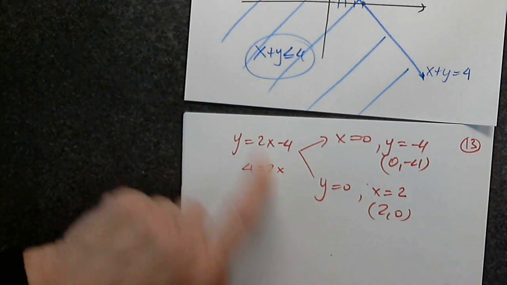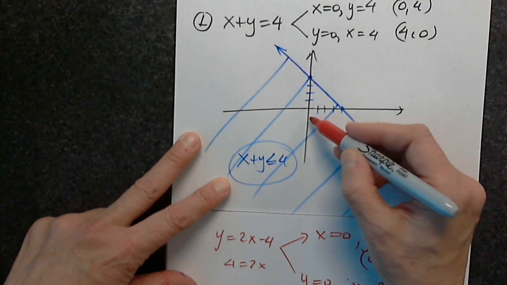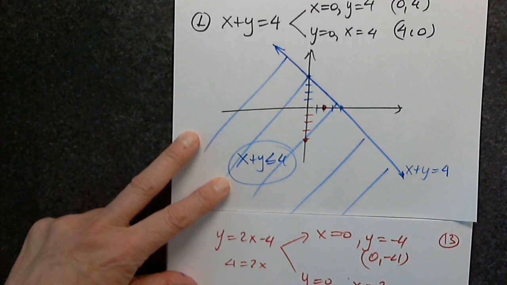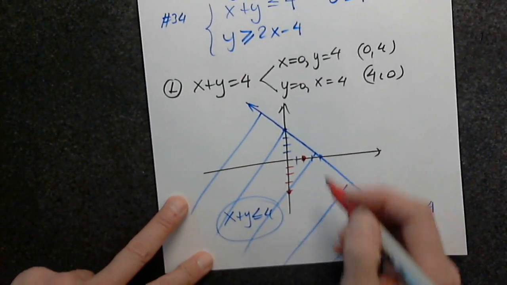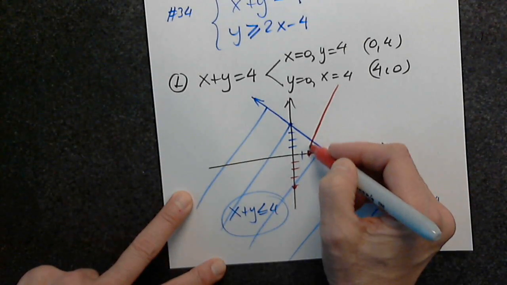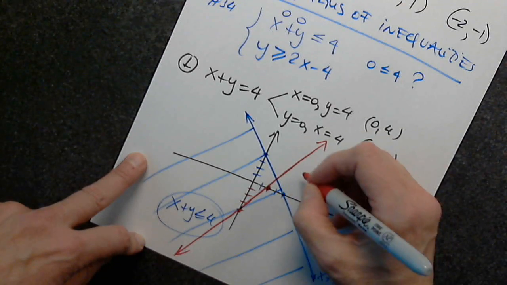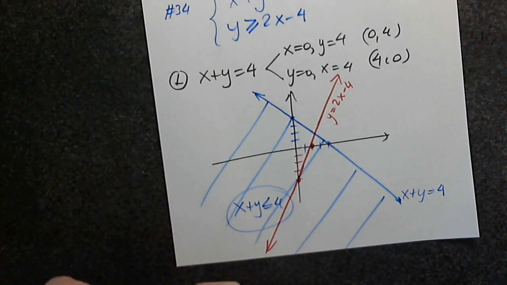So 2, 0. I go back, 0, negative 4, and 2, 0. The inequality symbol has the equal symbol in it, so I will graph it as a solid line. So this is, please do not forget to write, y equals 2x minus 4. This is not the inequality.